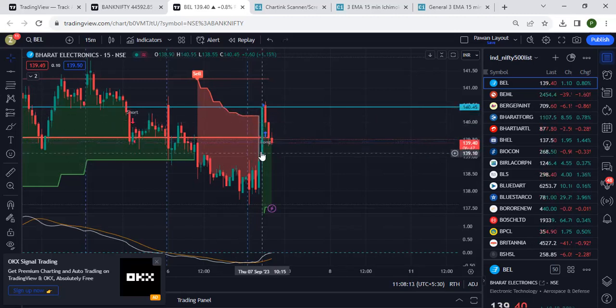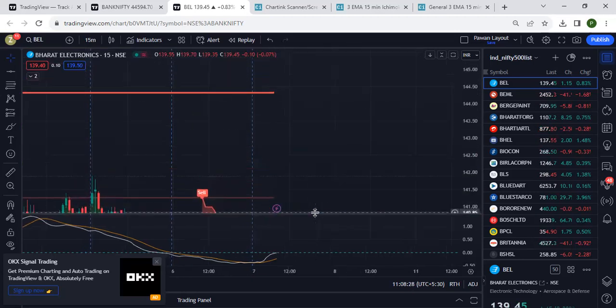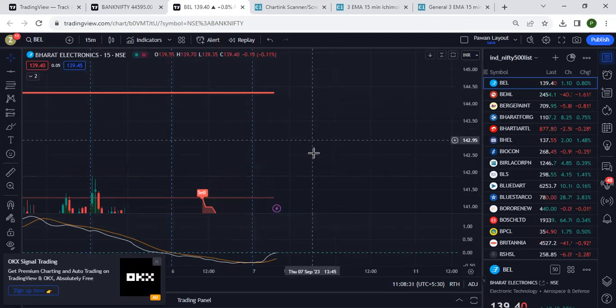the first candle of 15 minutes is quite long, and after reaching this level, one could enter for the target of 141 rupees 25 paisa and 144 rupees 30 paisa.